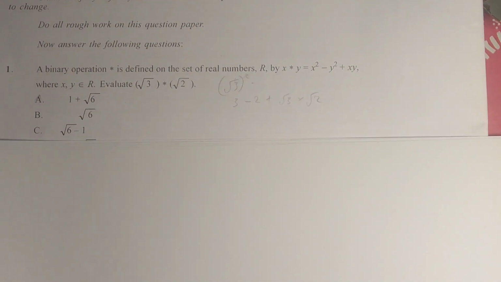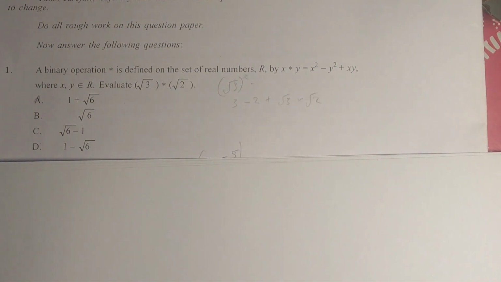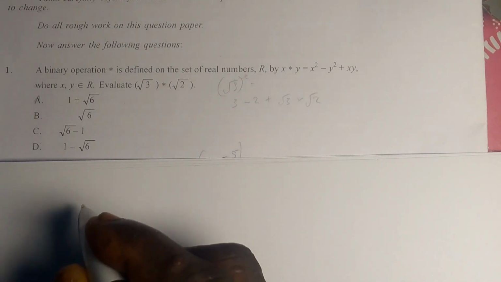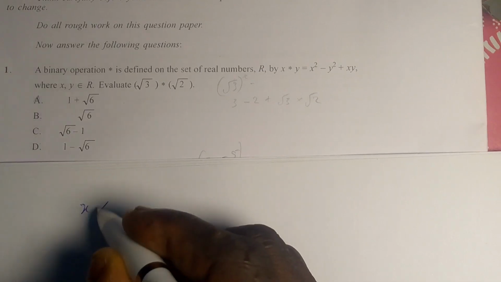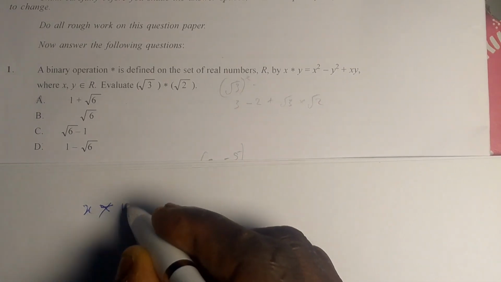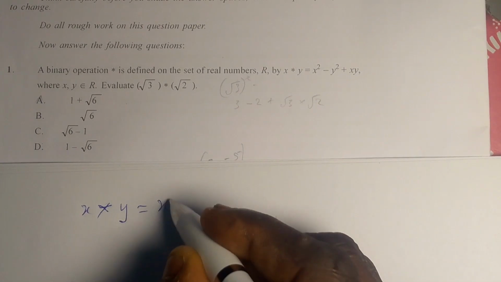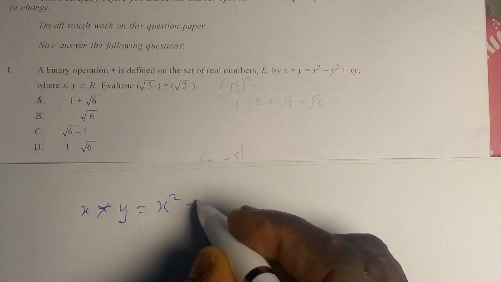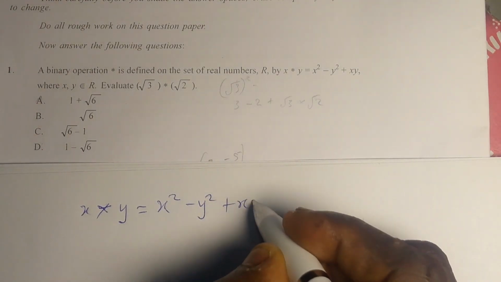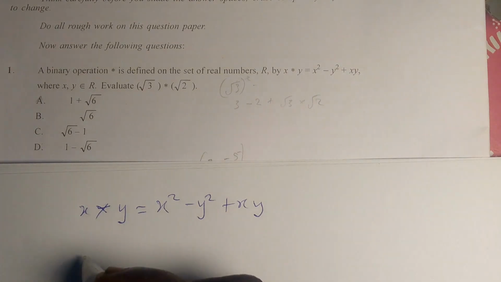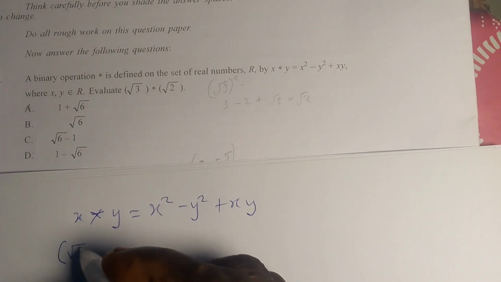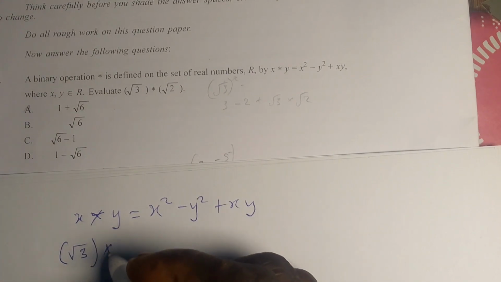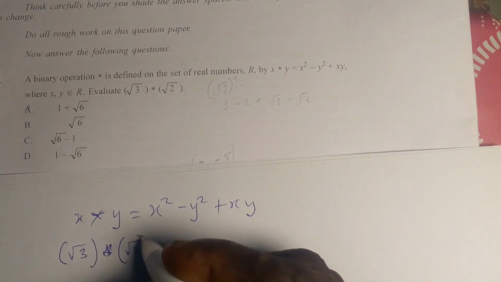Now if you look at the first question, you need to first note the operation given to you. So we have x operation y is equal to x squared minus y squared plus xy, and then the given expression is square root of 3 operation square root of 2.